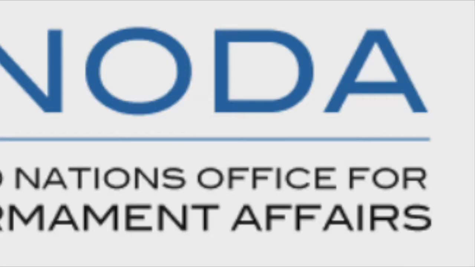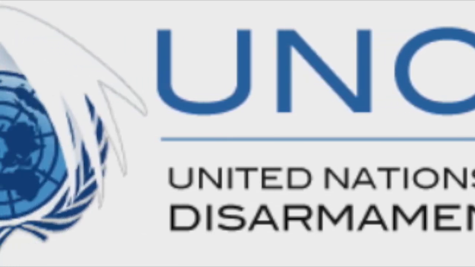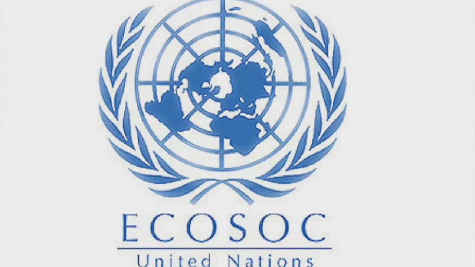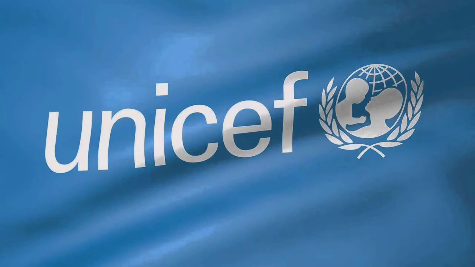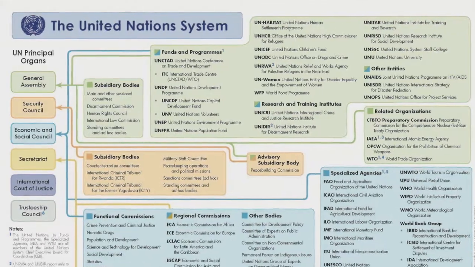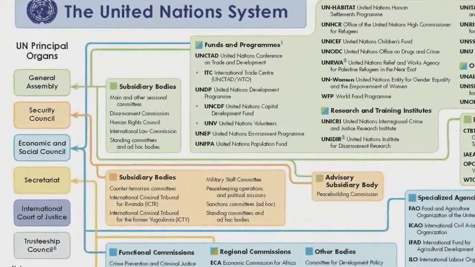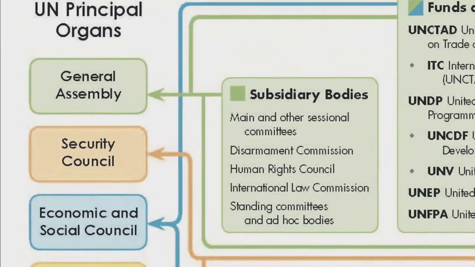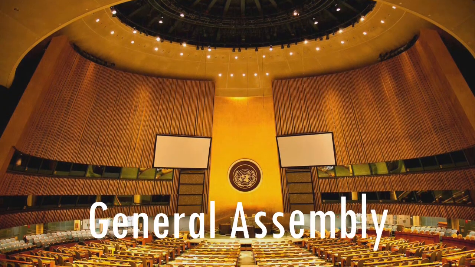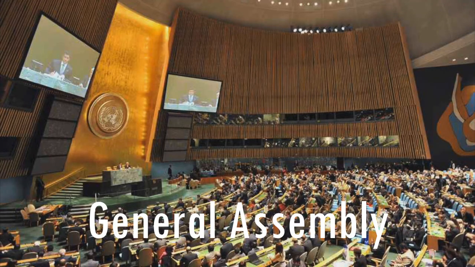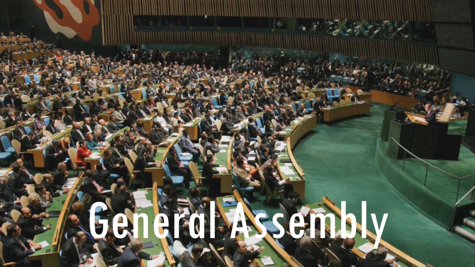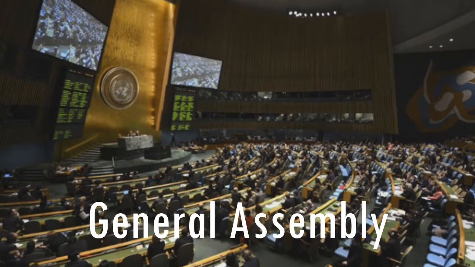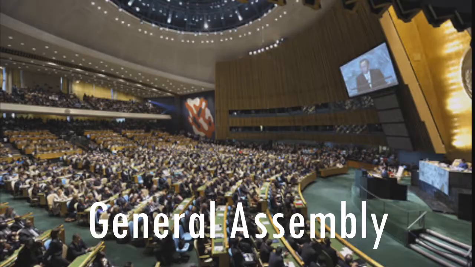Another important part of the UN Charter is the division of the UN into different organs. Basically, the UN consists of various sub-organizations. Each organ has a different domain and power. For example, the General Assembly, or GA, is the biggest, but often perceived as the most powerless organ of the UN, where 193 members of the UN are represented equally.